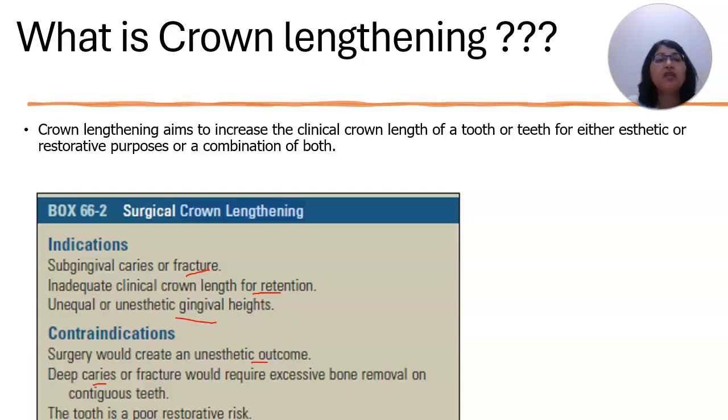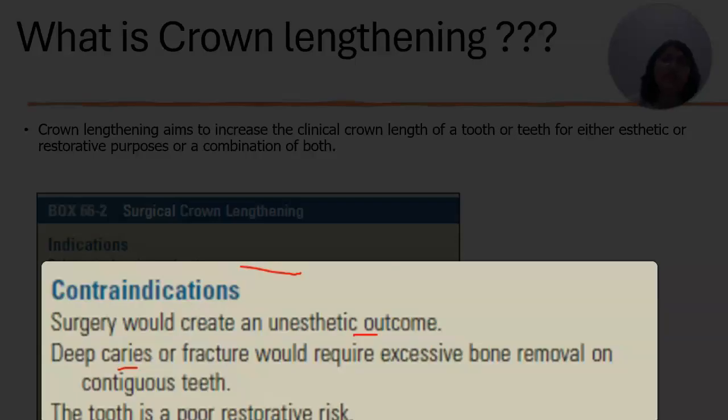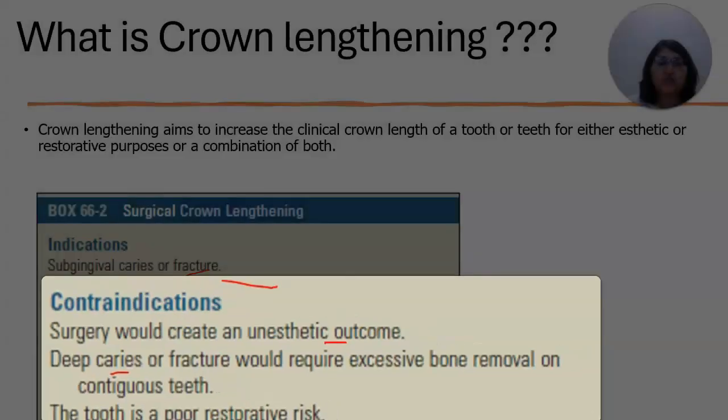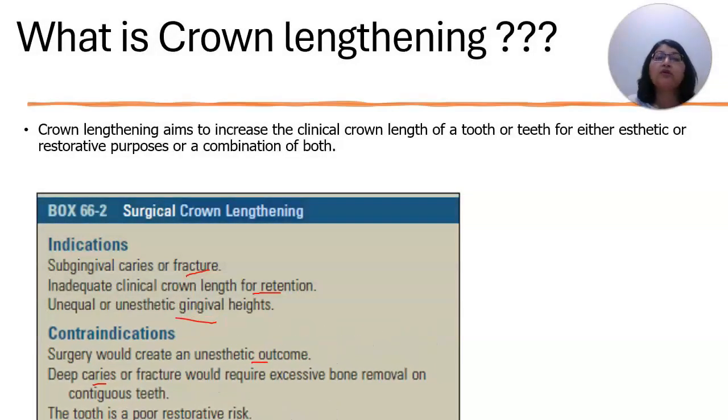Contraindications. For any procedure, case selection is not only dictated by your indications, but you should also be clear on contraindications, because you have to tell your patients about it. You have to tell them if the procedure you're going to do has a good prognosis or not. So the contraindications: surgery would create an unesthetic outcome.